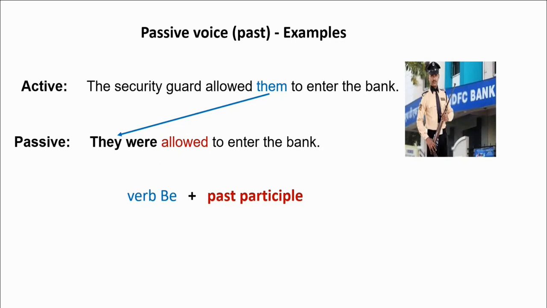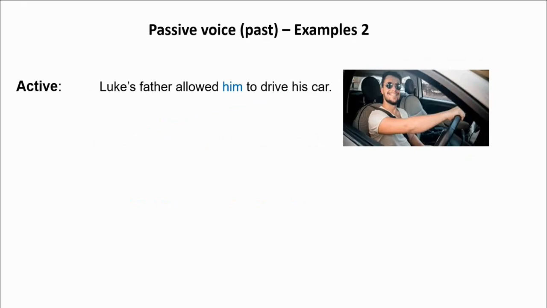All right? And another example, Luke's father allowed him to drive his car. So we have the past simple tense, and in the passive, this becomes Luke was allowed to drive the car.